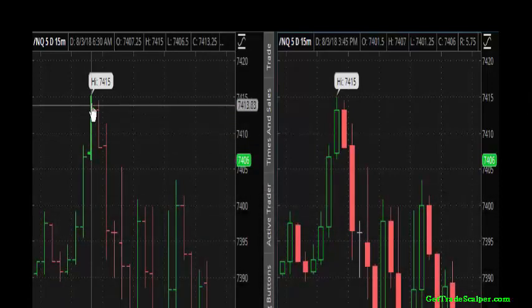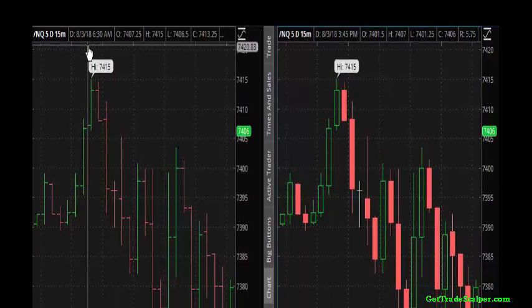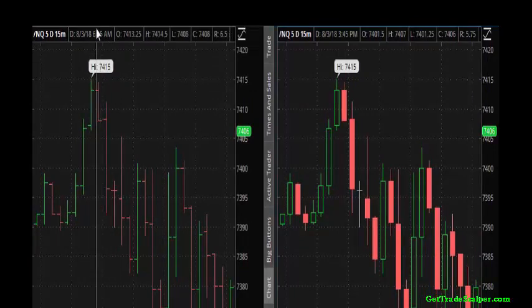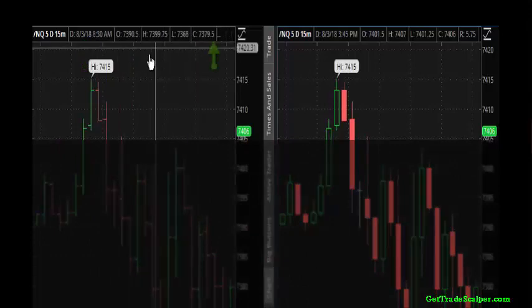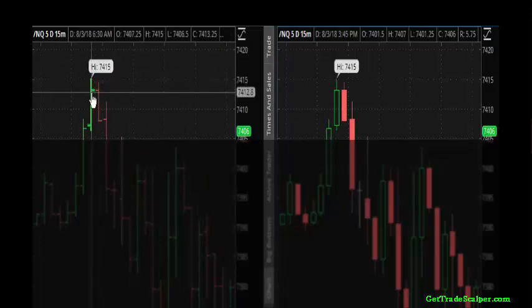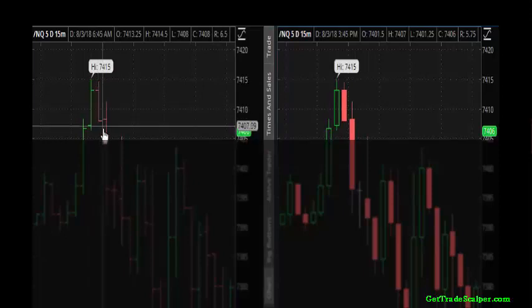I want you to look up above right here, this legend right here, some information that I want you to focus on. It'll give the time frame, the open, the high, the low, and the close pricing data for that specific bar. And if you go to another bar, it'll do the same thing, right?